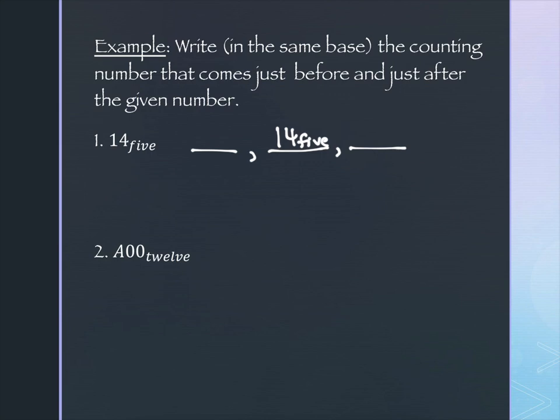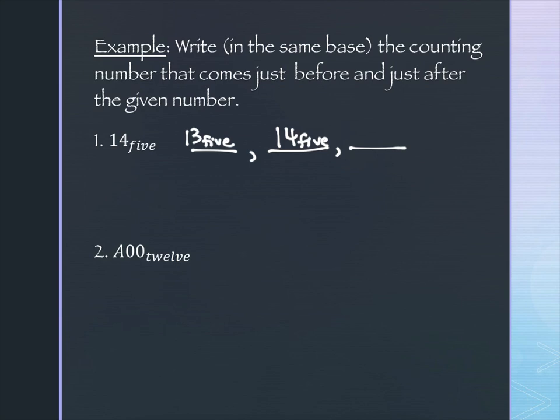So I've got the number 14 base 5. Which one's easy to find? It's not the after, it's the before. What would come before 14 base 5? 13 base 5. Why is the number after not quite so straightforward?